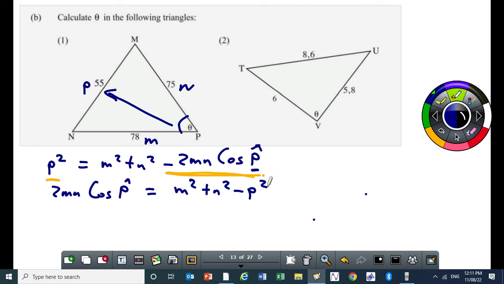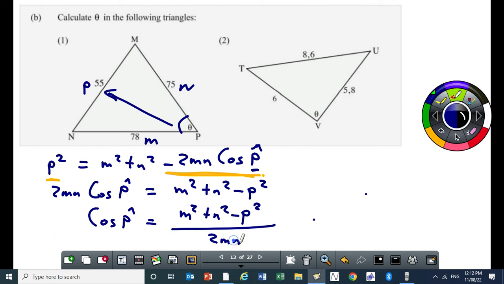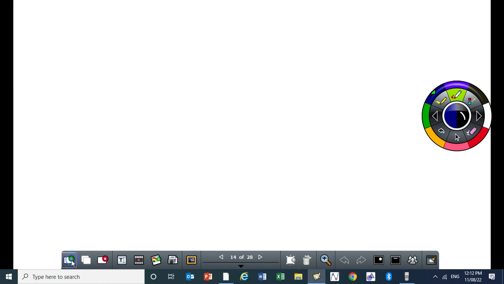Then, to make cos p the subject, since the coefficient is 2mn, you have to divide both sides by 2mn. So, cosine of p would be equal to m squared plus n squared minus p squared over 2mn.